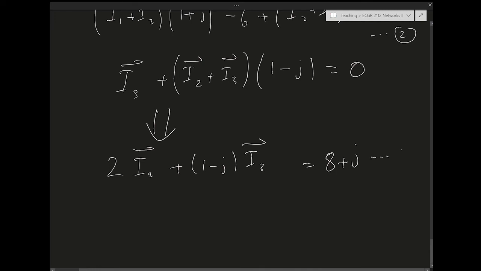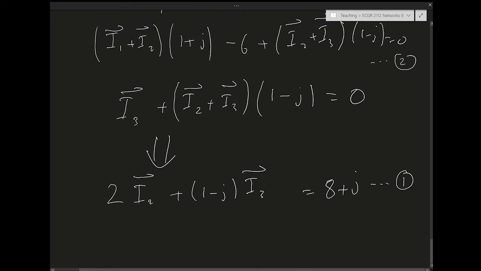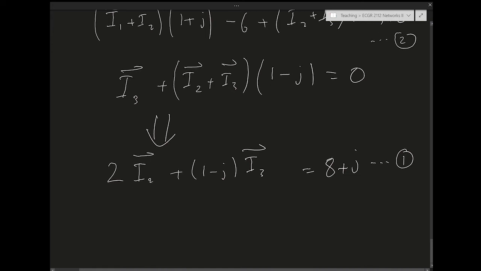This is equation 1, in terms of I2 and I3. And then equation 2 is going to be, well, I2 is just going to be 1 minus J times I2, and then I3 is going to be 1 plus 1 minus J times I3, equals 0. That's the second equation.